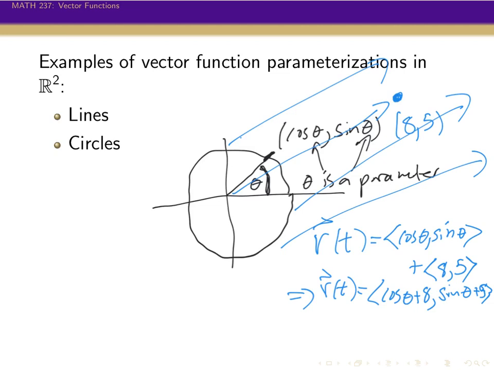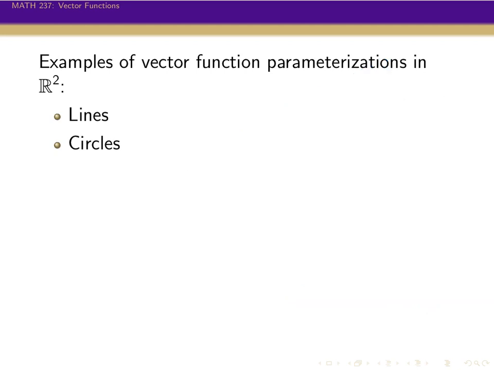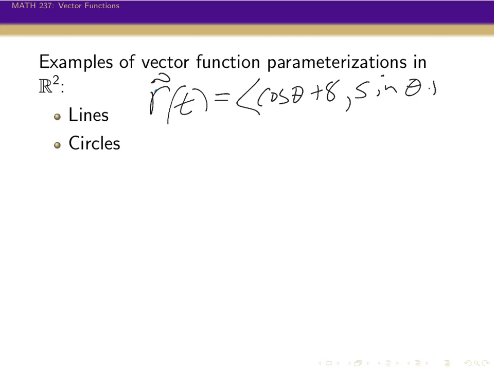Now, this is what I'm telling you it is. How can you believe me that this is true? Let's start back with the parameterization I gave: (cosine of t plus 8, sine of t plus 5). My claim is that this will draw out a circle of radius 1 centered at (8, 5).